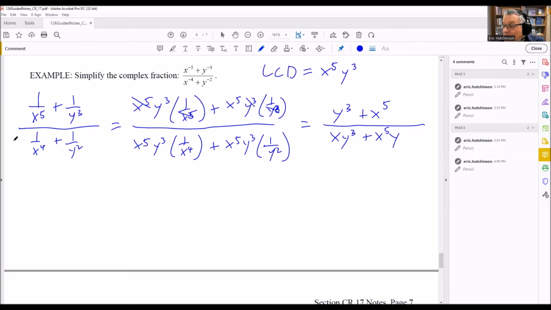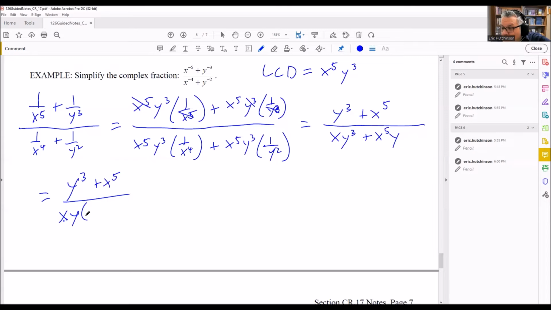So we could factor out something from the bottom if we wanted to, because we have an x and a y that's common. It's always good to try and factor if you can. So let's go one more step and factor this out. We can factor out an x from the bottom and also a y.